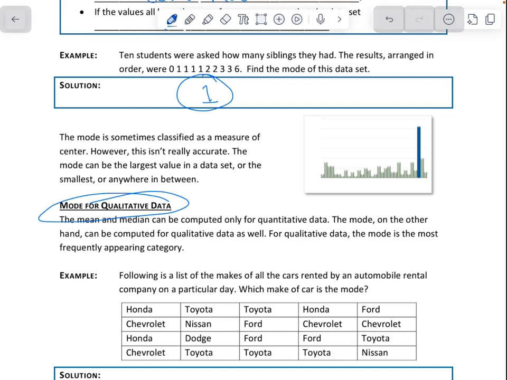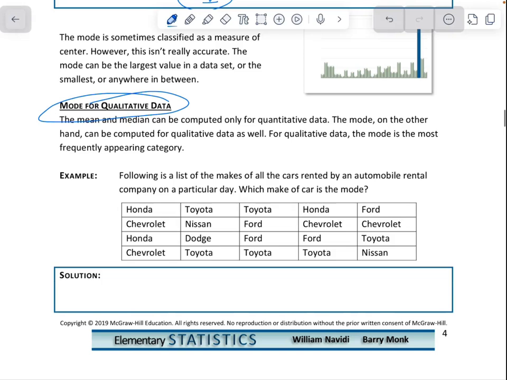Hondas, I have 1, 2, 3. Ford, 1, 2, 3, 4. It looks like it's Toyota.